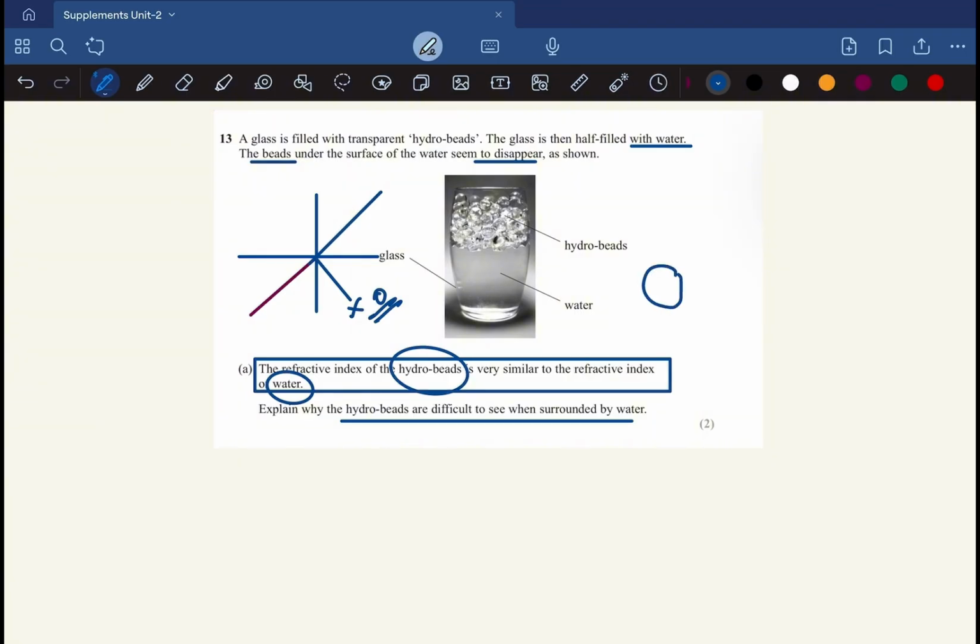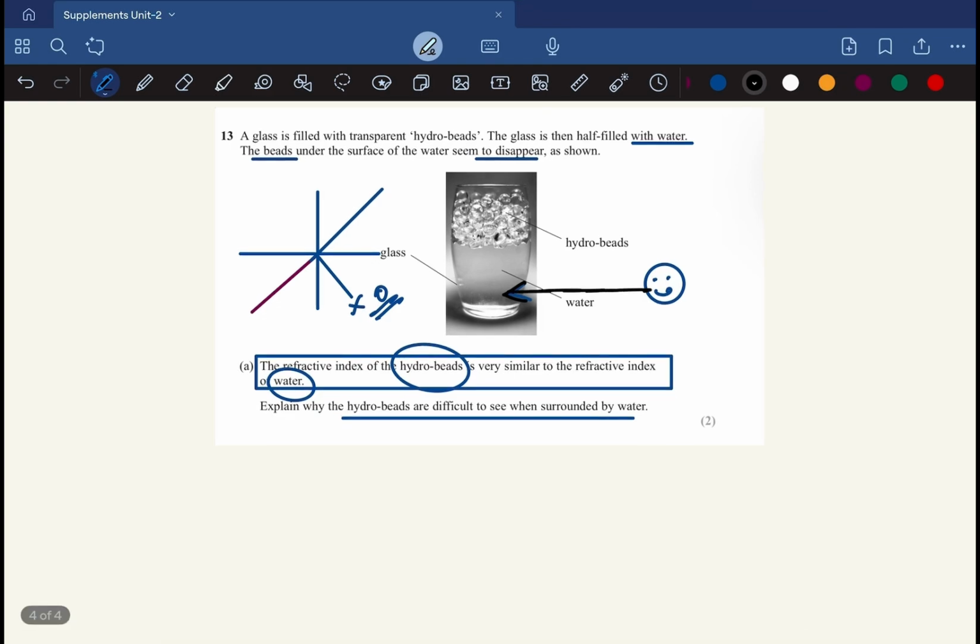Now let's say you are standing right here and you are looking at this place. When you are looking at this place, the light is going like this. And rather than reflecting back, it moves straight from the water to the glass beads.